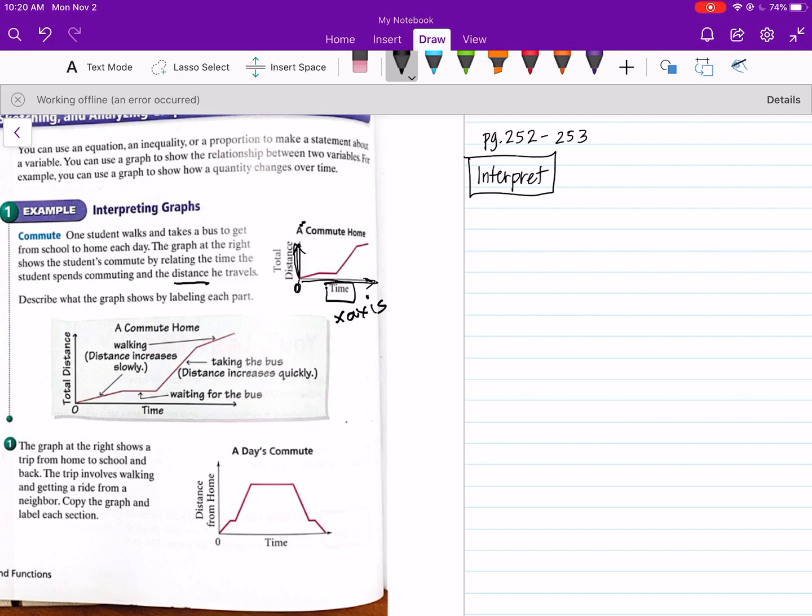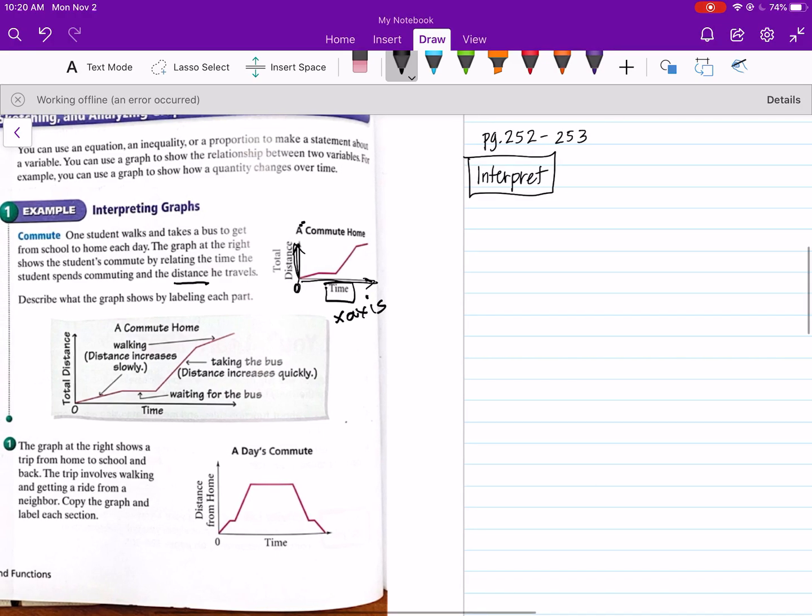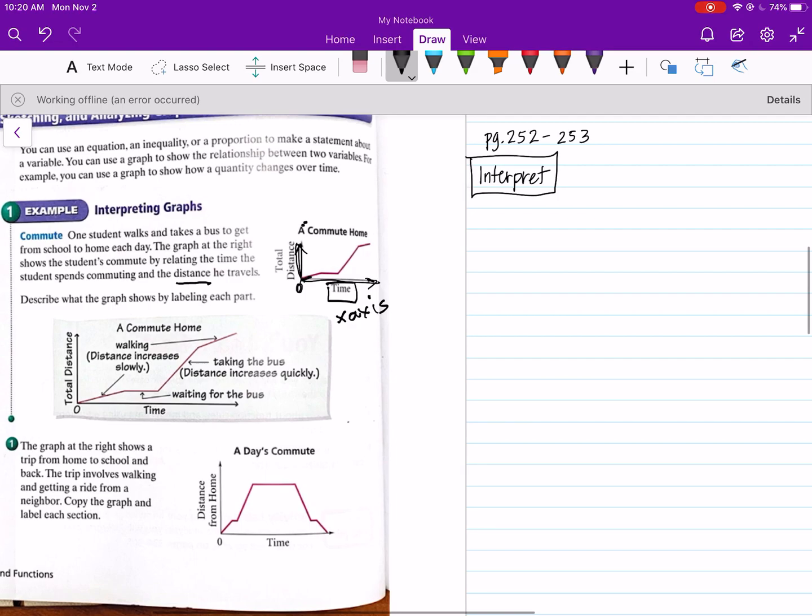Notice again, mostly just quadrant 1, because most of everything you're going to talk about is going to be positive. So this is a student who walks and takes a bus to get from school to home each day. We have to interpret what's going on. You can see they make some gains here. Time elapses, but total distance doesn't increase very much.